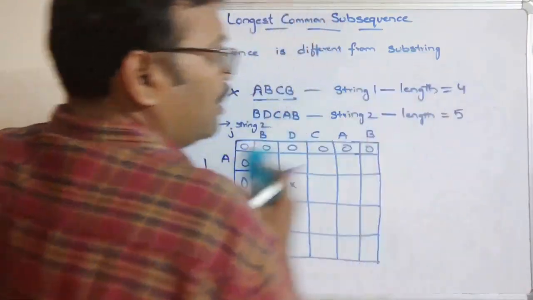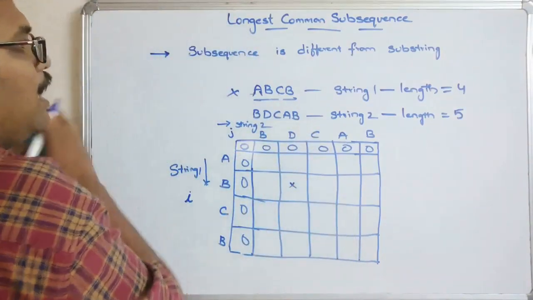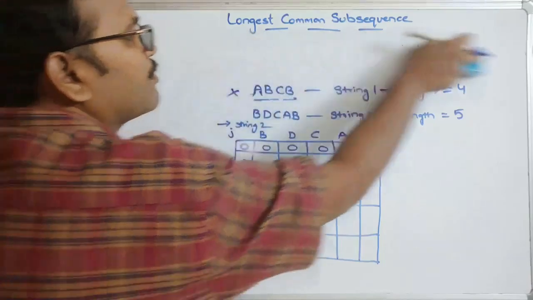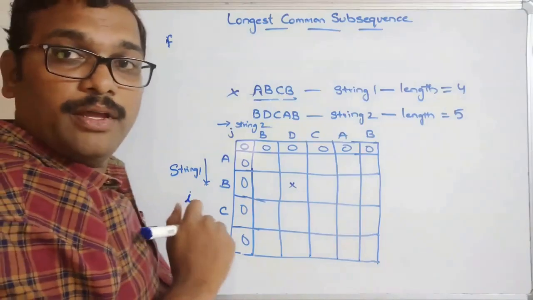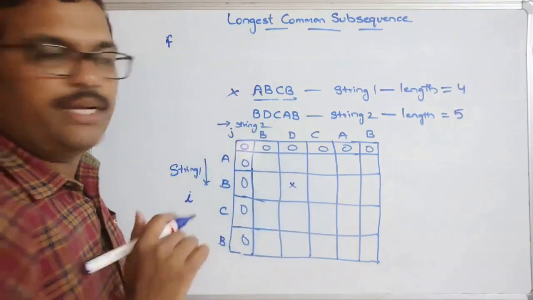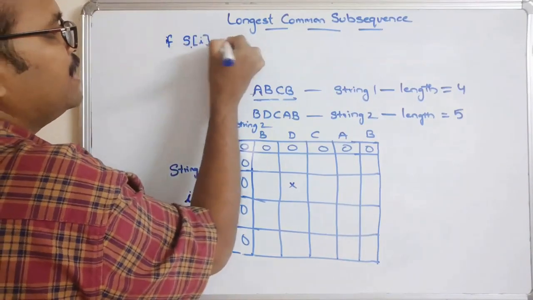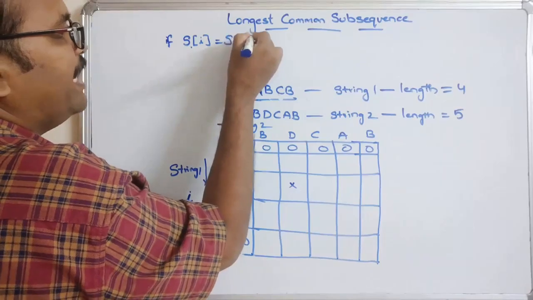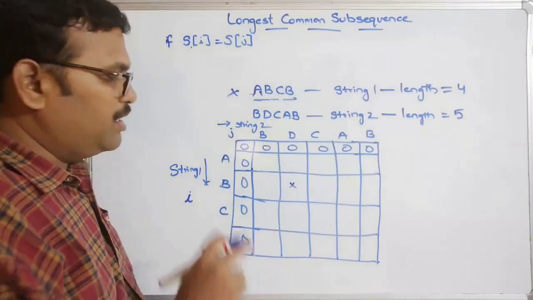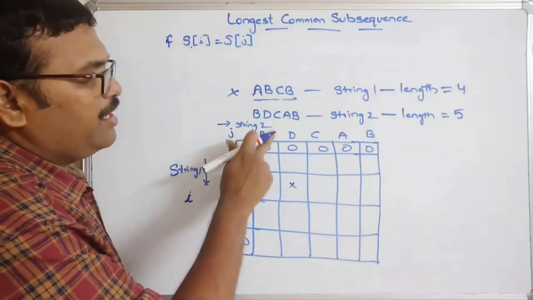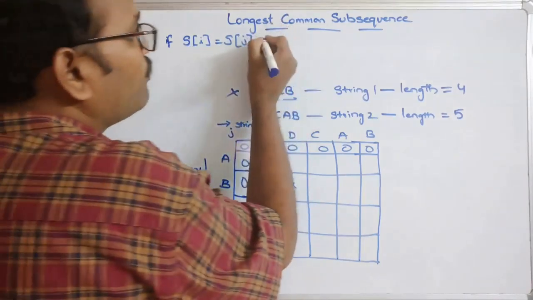Now what are the two formulas we have to remember? I'll write the formulas here. If, consider S as a string, S of I is equal to S of J. Consider any string, a string or a character, whatever it may be. S means this one, A; here S means this one. So if S of I is equal to S of J, then what we have to do?